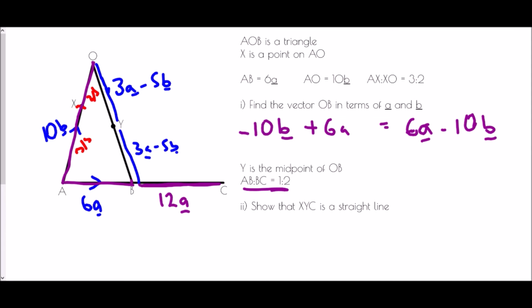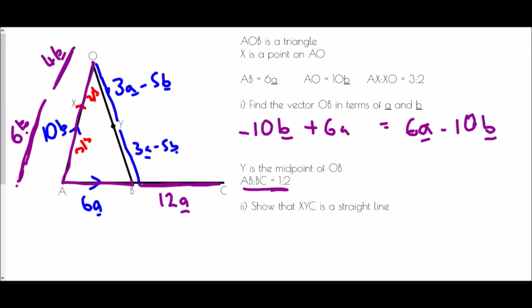And then if we have a look at x as well, we had our 3/5. So what we can actually say here is that AX, well that is 3/5 of 10b, so that is 6b. And XO is 2/5, so that would be 4b.